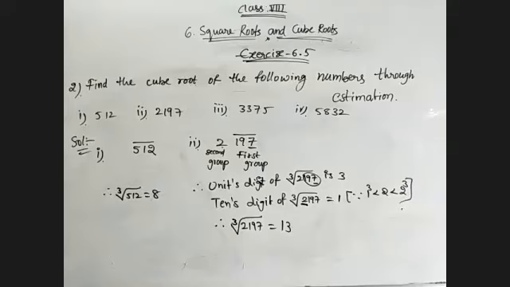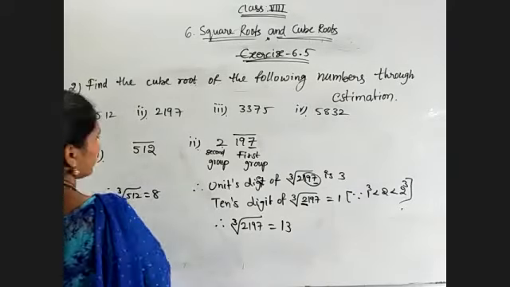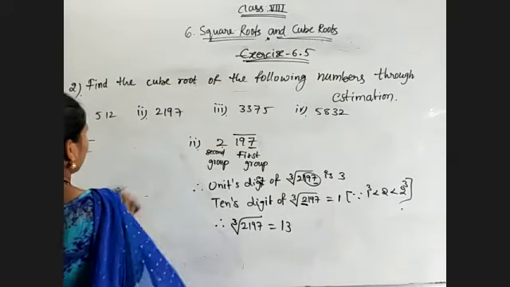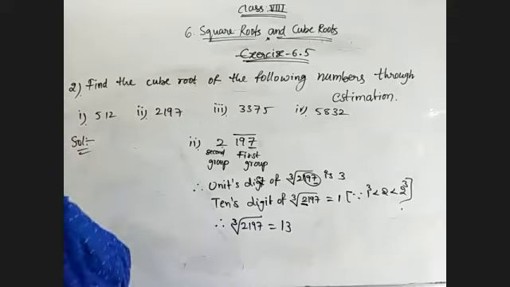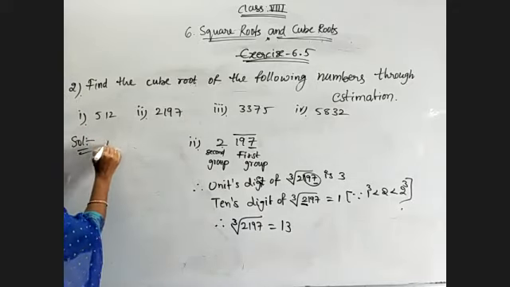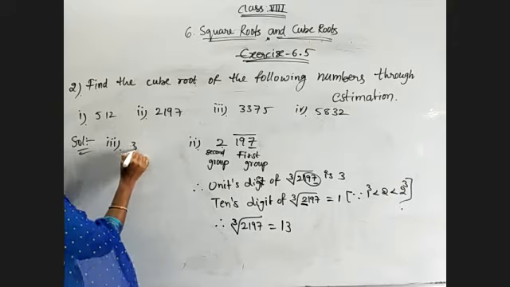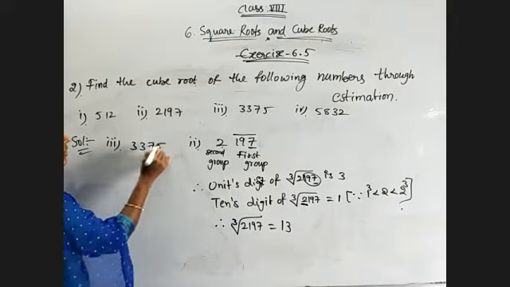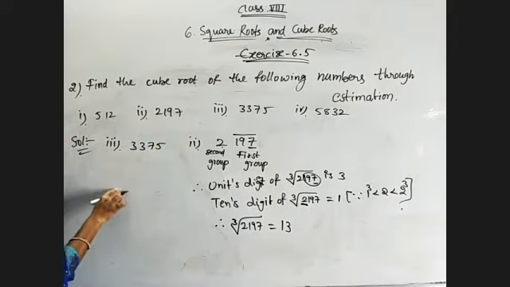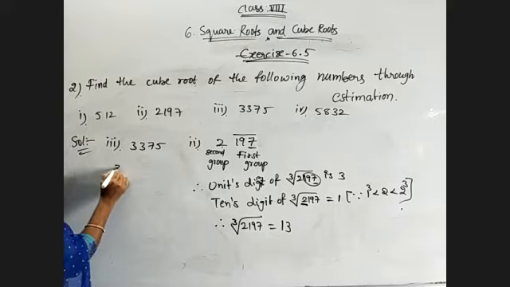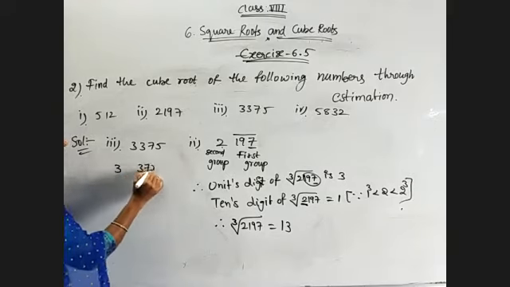And now coming to the next question, 3,375. First thing, we need to group the given number. Step 1: the first group is 375.